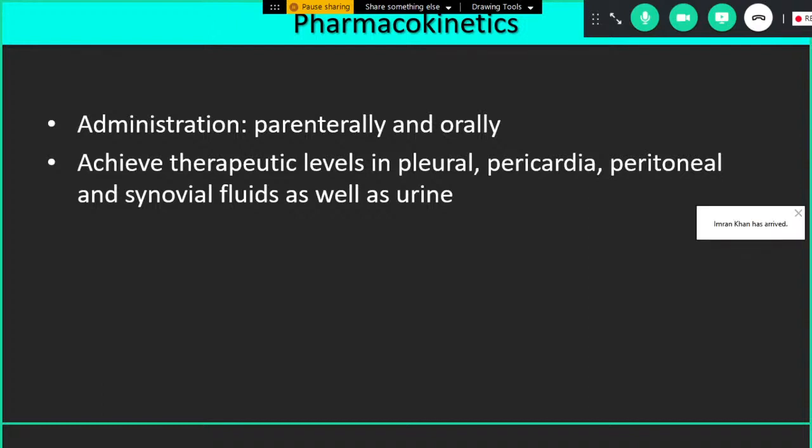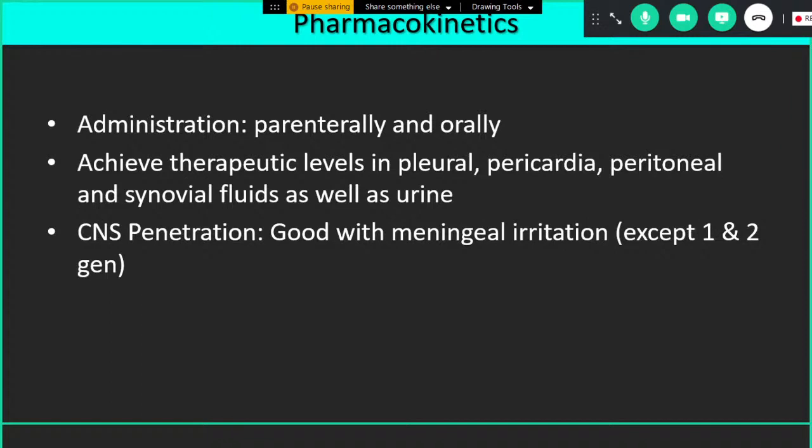They can also be given in upper respiratory tract infection. Then septicemia or nephritis or any infection of any organ, it can be used to treat those infections because it has a very high penetration power. It has good concentration in the urine, so because of that, it can also be used in urinary tract infection.